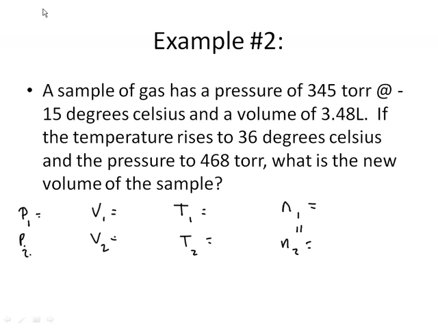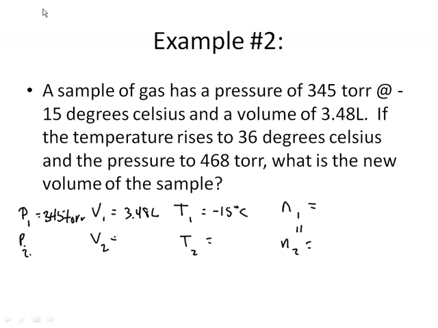So we have a sample of gas. It has a pressure of 345 torr at negative 15 degrees Celsius and a volume of 3.48. All of those pieces of information are the gas initially. So those are all my ones. So 345 torr. Volume is 3.48 liters. And the temperature is negative 15 degrees Celsius.